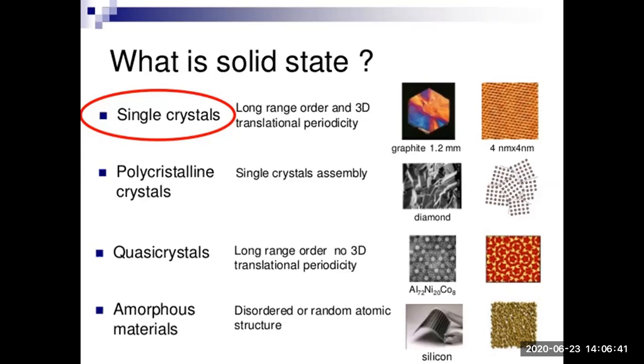Whatever the size of the piece is, the first texture of that composition is only a single crystal, and you can form this single crystal according to your need and your cutting. Next one is the polycrystalline crystals.